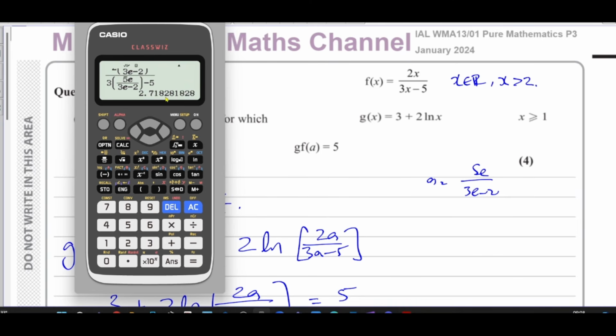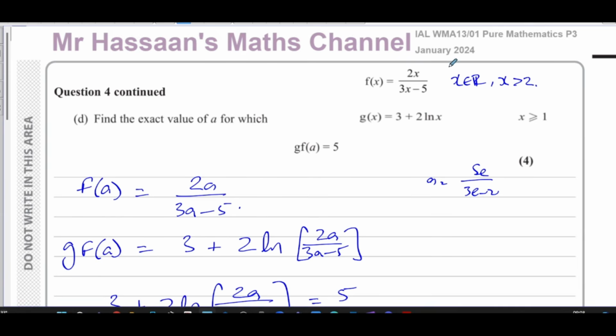That gives us 2.718. So we can see that that is basically acceptable to go into the function f. So this can go into function f, that's fine.